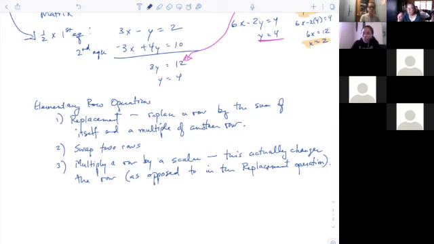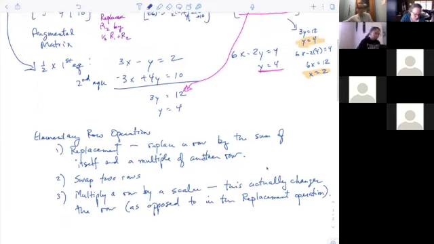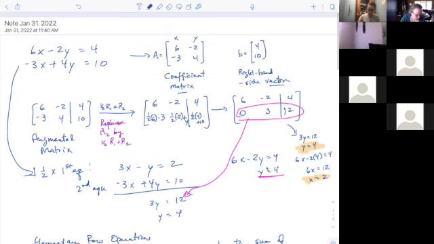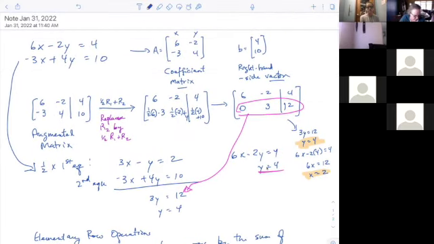Okay, so at this point, let's do this. It turns out that this system here, well, we know now.